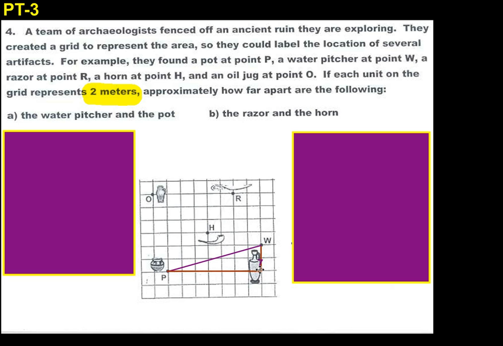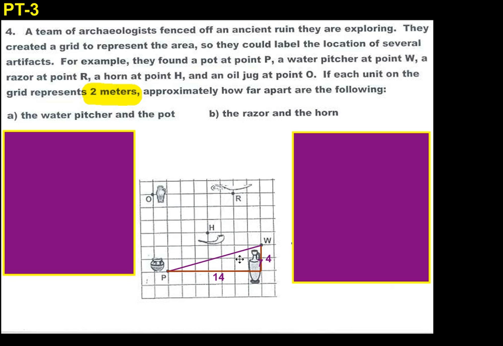You can see with this being the right angle that the distance between the pot and the water pitcher is going to be our hypotenuse. So if we count by 2's, we can see this is 14 meters. And if we count by 2's, we can see this is 4 meters.